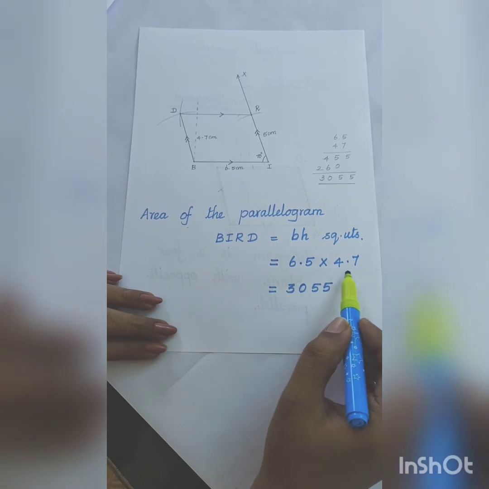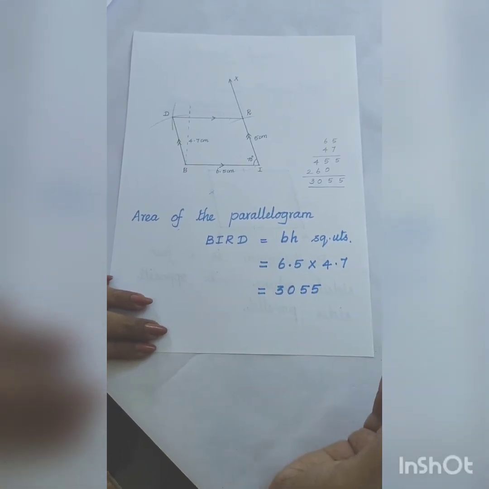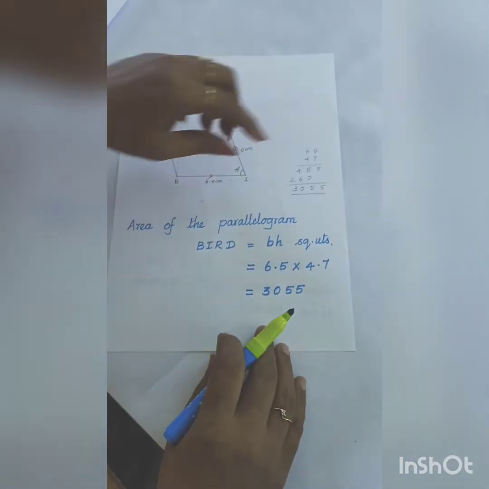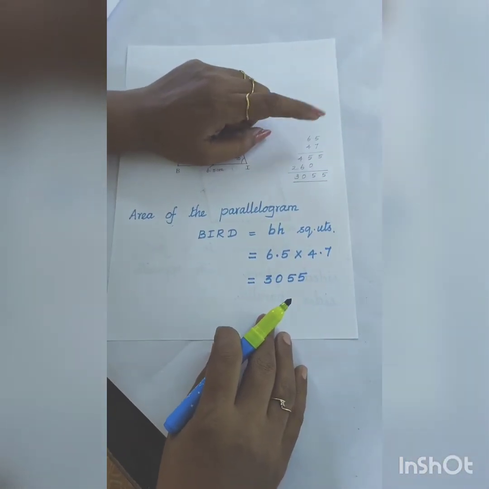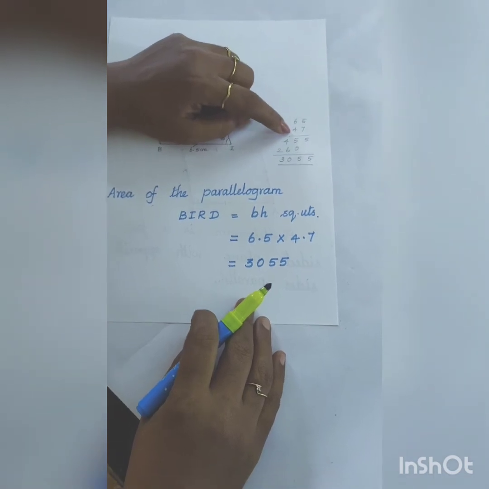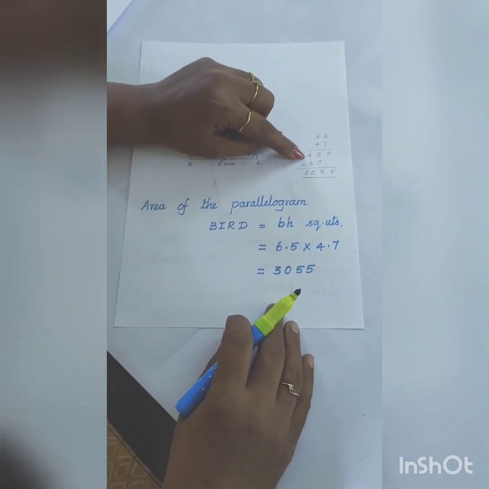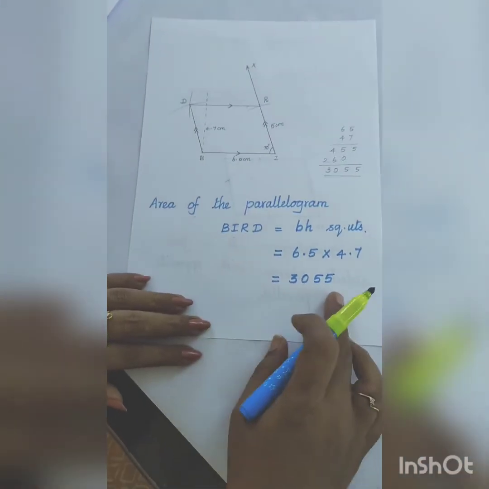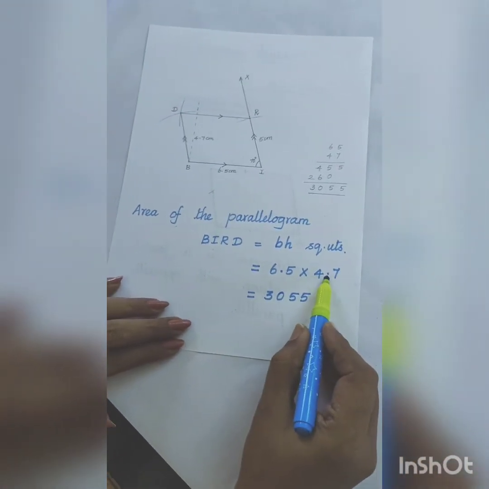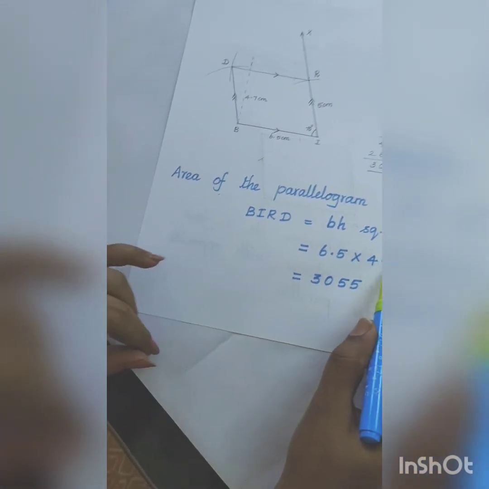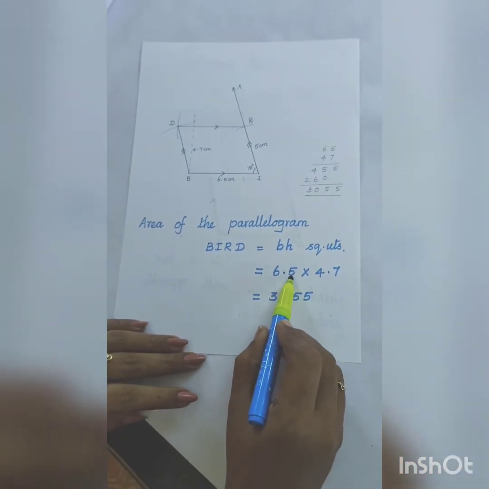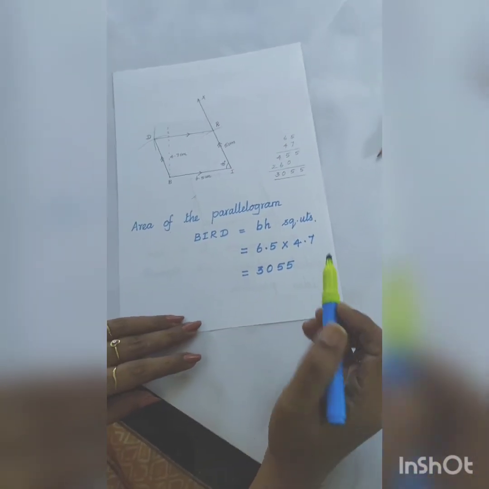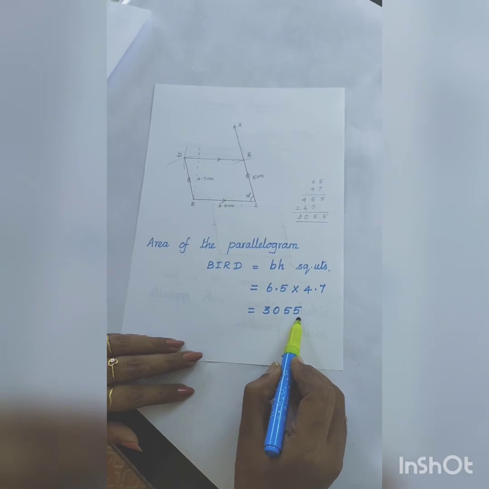If you want to multiply two decimal numbers, first remove the decimal points and simply multiply the numbers. When you multiply, you will get 3055. Write it as it is. Then count the digits after the decimal: here 1 digit, and here 1 digit, so in total 2 digits after the decimal.